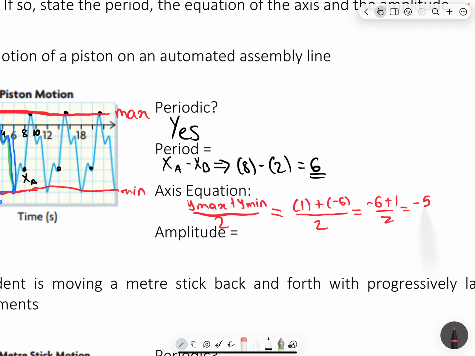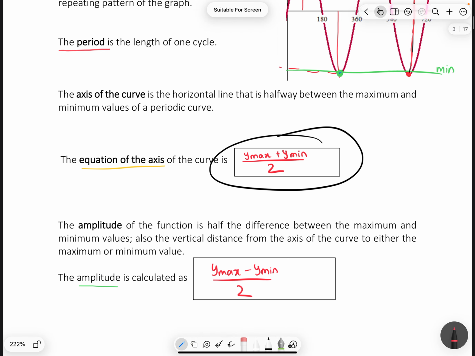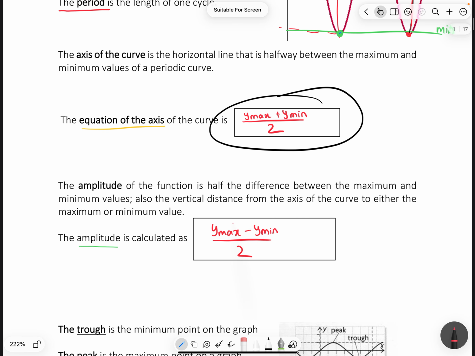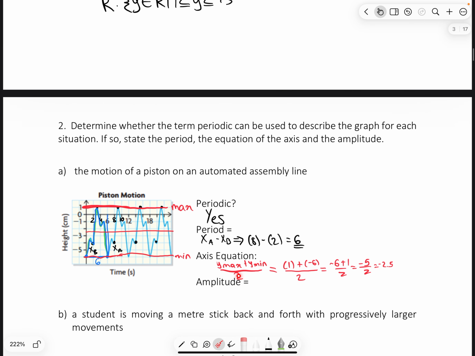If you try graphing -2.5, we're going to notice that this point is exactly in between our graph, or it's the average of the graph. The amplitude, now there are two ways of doing the amplitude. One way is to take this formula and apply it here, since you know your maximum and your minimum value.